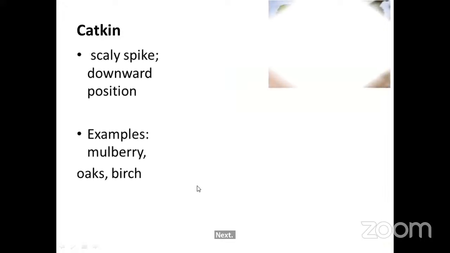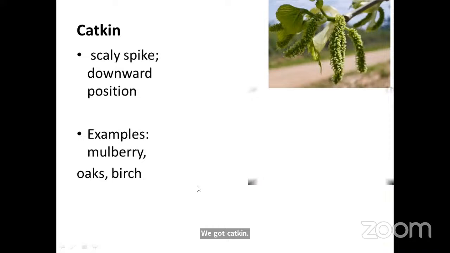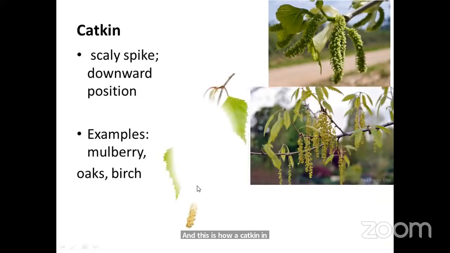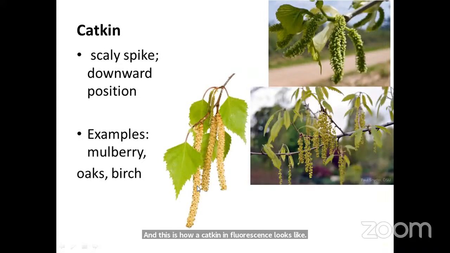Okay, next we got catkin. And this is how a catkin inflorescence looks like. If you have seen a mulberry, the flower is like that. The arrangement or the inflorescence is classified as catkin. If you try to look at the picture that we got here, in catkin inflorescence, it's a scaly spike with downward position.